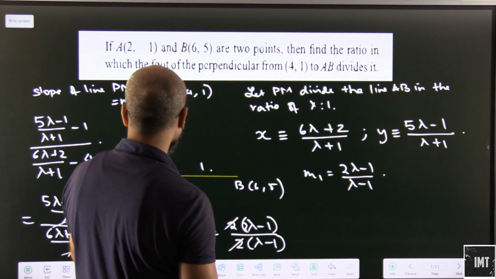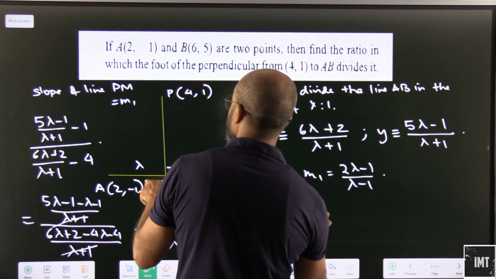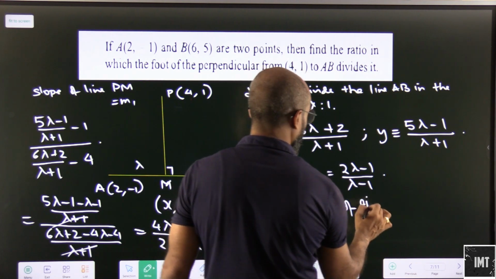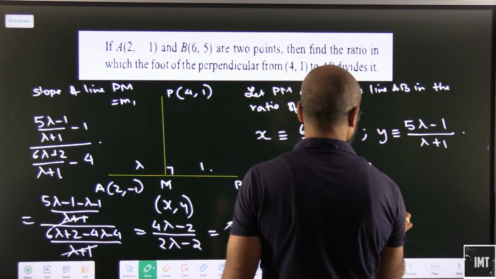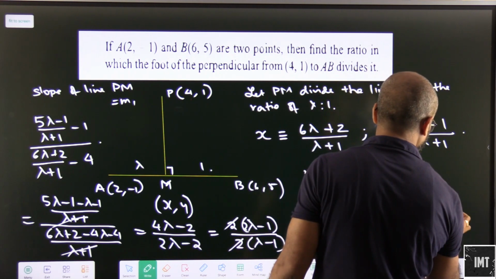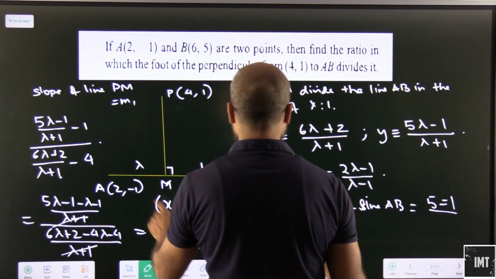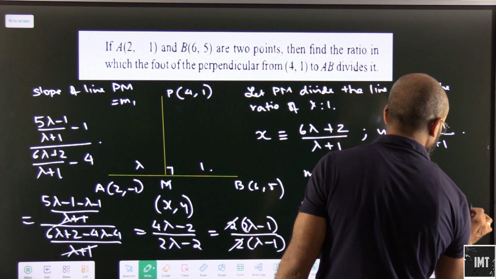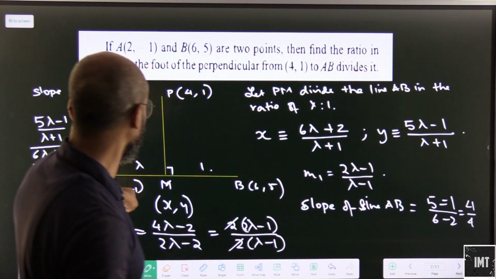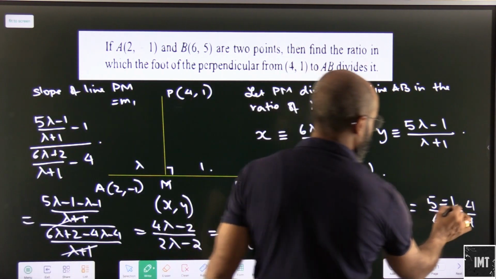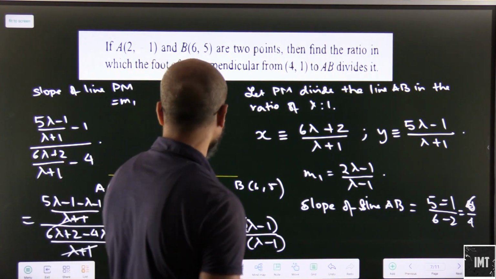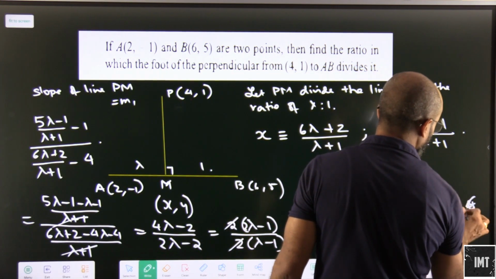What about M2? M2 here, that is the slope of line AB. This is going to be how much? 5 minus 1 upon 6 minus 2. So that's going to be 6 upon 4, that is 3 by 2.